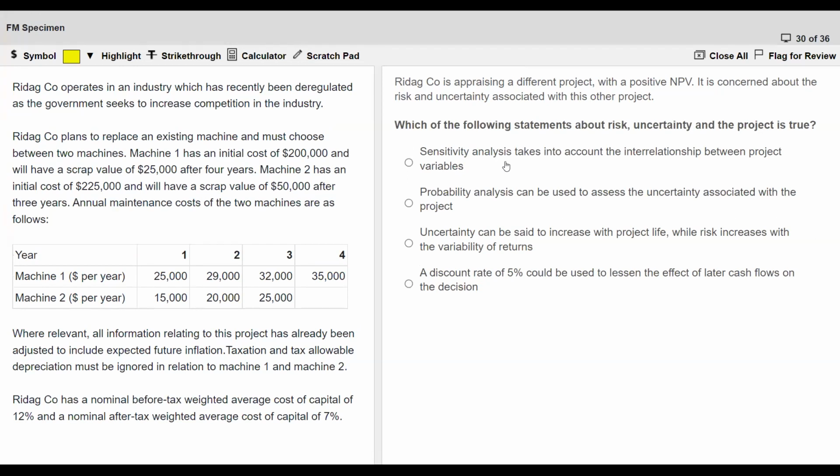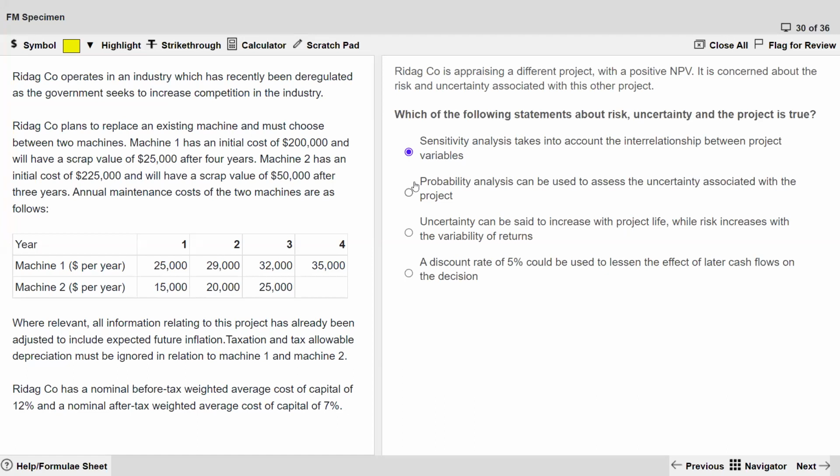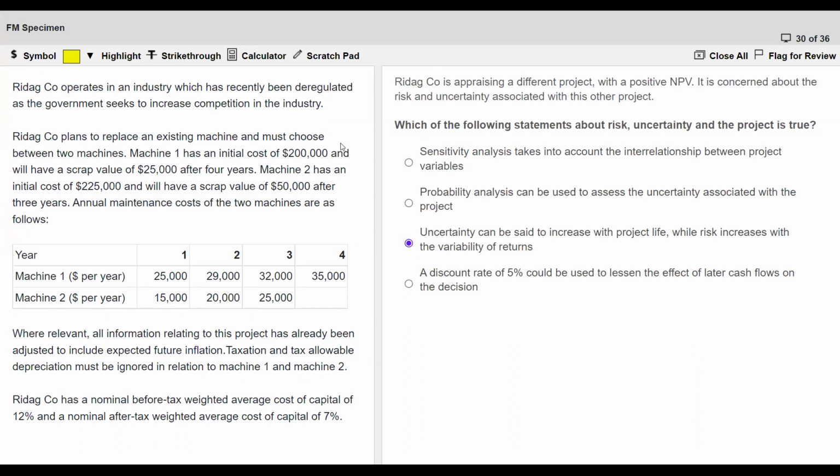Does it? It does not. Probability can be used to assess uncertainty associated. No. Uncertainty can be said to increase with project life while risk increases. Yes, this is correct. So C is correct. Only C is correct, right?